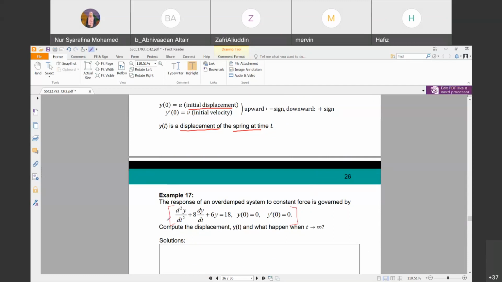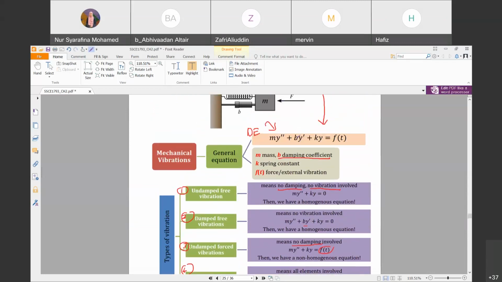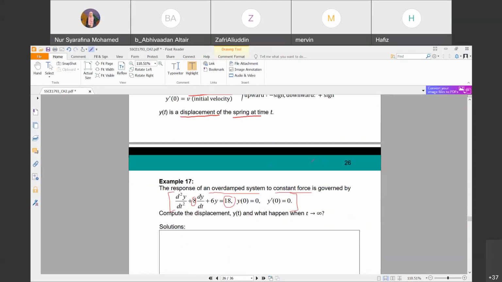But this equation represents an overdamped system with a constant force, that's why there is a constant here. And it is a damped system, that's why there is a coefficient of dy/dt, because b stands with y prime, where b is the damping coefficient. So you just solve this. Compute the displacement, find y(t), and what happens when t approaches infinity.